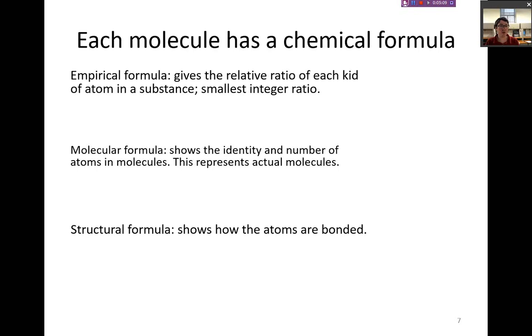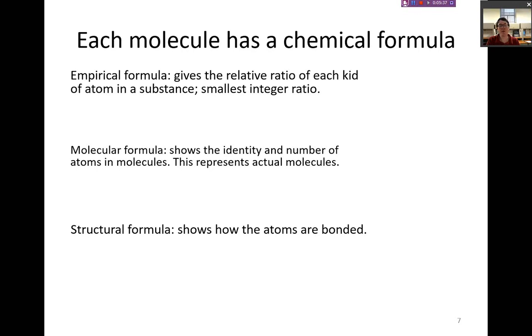So each molecule, whether it is a molecular compound or an ionic compound, we have a chemical formula, and that's what we've been representing them so far. And there's different ways to represent chemical formulas for molecular compounds, and that is that we can use the empirical formula or the molecular formula or a structural formula.